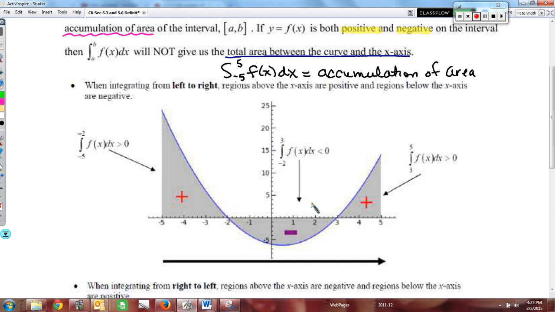How would I know whether this is positive or negative? We could determine that by paying attention: we accumulated, we lost some, and then we accumulated some more. It looks like we've gained more area than we've lost, so it probably will end up being a positive net. That's something we want to pay very careful attention to.